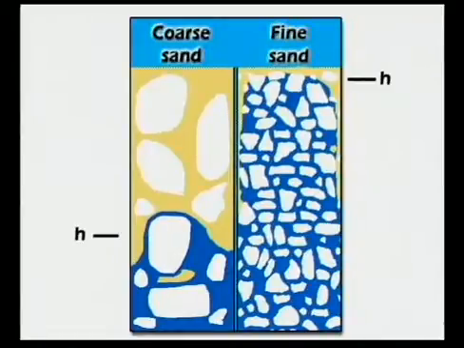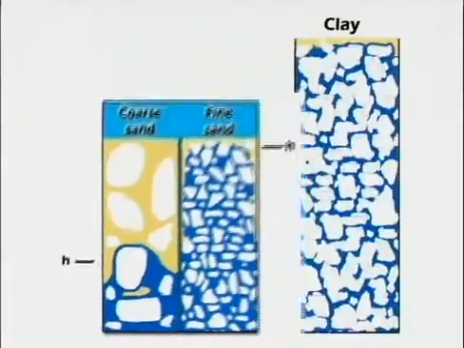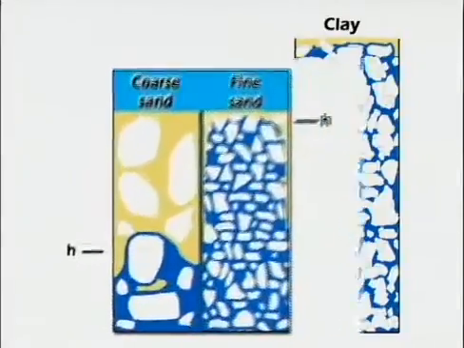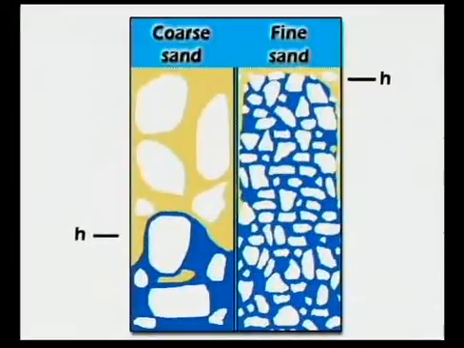If we were to put a third or a fourth column on this graphic and look at a silt soil versus one high in clay, the height of rise would be even greater in the soil predominated by silt-sized particles and even higher yet in the soil predominated by clay-sized particles. The reason is that smaller soil pores have the ability to retain water at an even lower content. Or another way to look at it is they have the ability to transmit water at a lower water content than do the larger size pores, which are more typical of coarser soil textural classes.